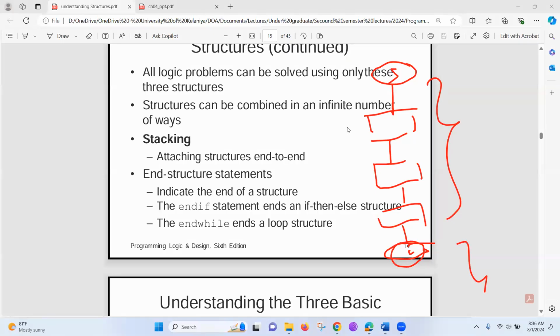It can be a decision one, right? If this is the way you need to follow, how you attach one structure to another structure, we call it stacking, right? Stacking way. You can't combine those things in between, in the middle, right? Up to this point, we didn't discuss that kind of thing, right?